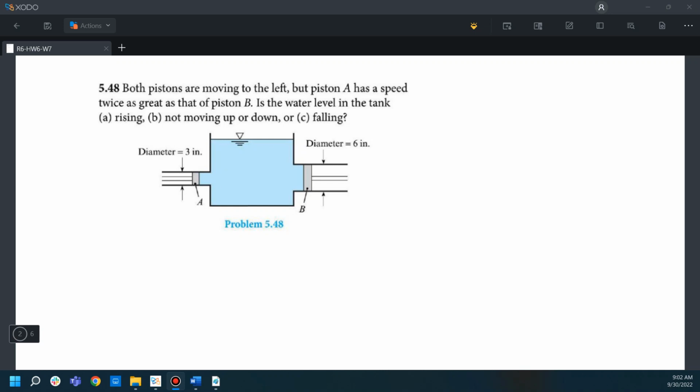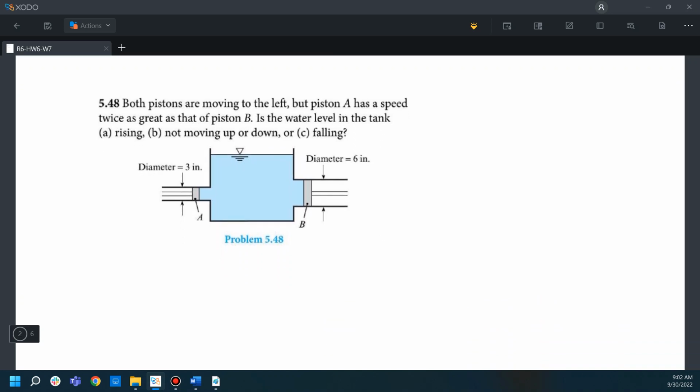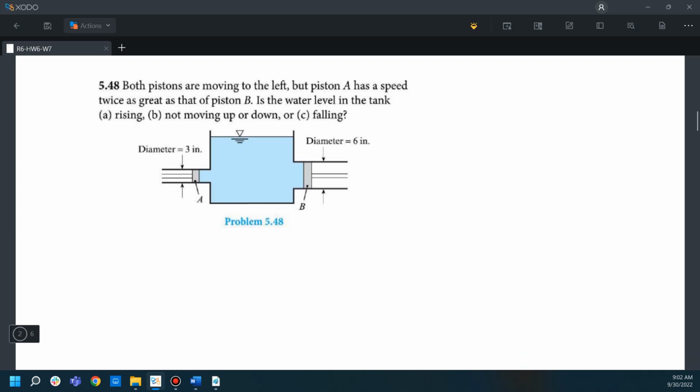So we will apply a similar concept using the continuity equation to analyze this problem, but I don't want you to remember multiple equations, so that's derived from the Reynolds transport theorem.